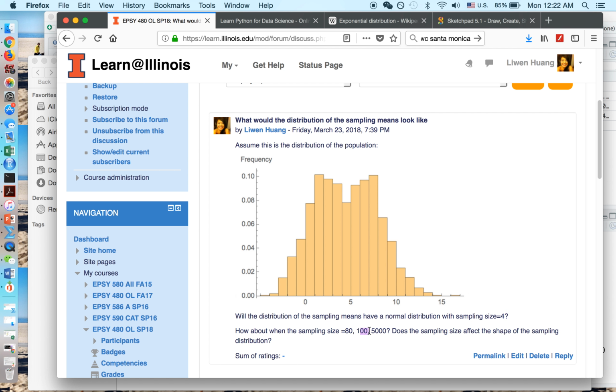But if you have a fairly big sampling size, instead of getting a normal distribution, you should be getting a constant, which is pretty much a straight line. So I hope this is helpful in sorting out your understanding of what the sampling distribution is and what it does.